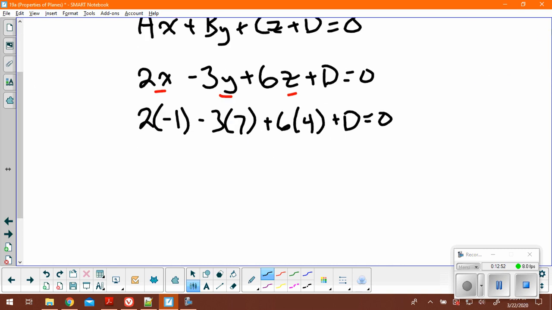Let's do some calculations here. This is going to be -2, and this is -21, and this is 24. So if I put all of those together, I'm going to get 1. So I have 1 plus d equals 0, and so d equals -1.